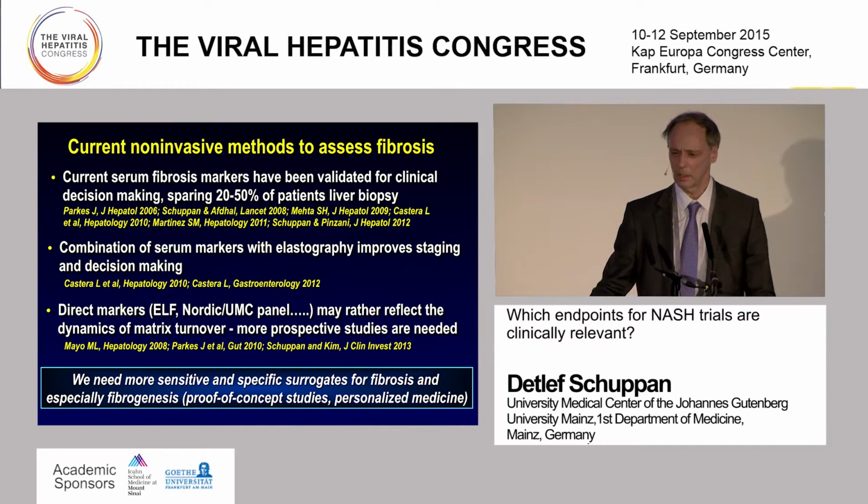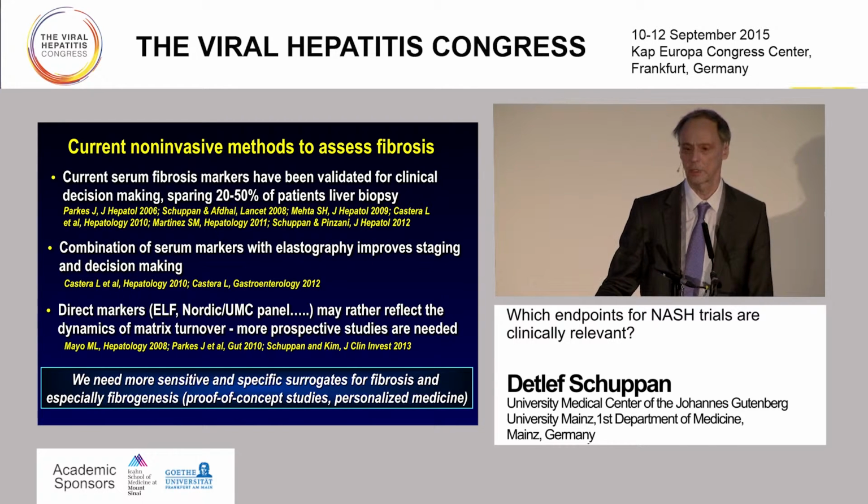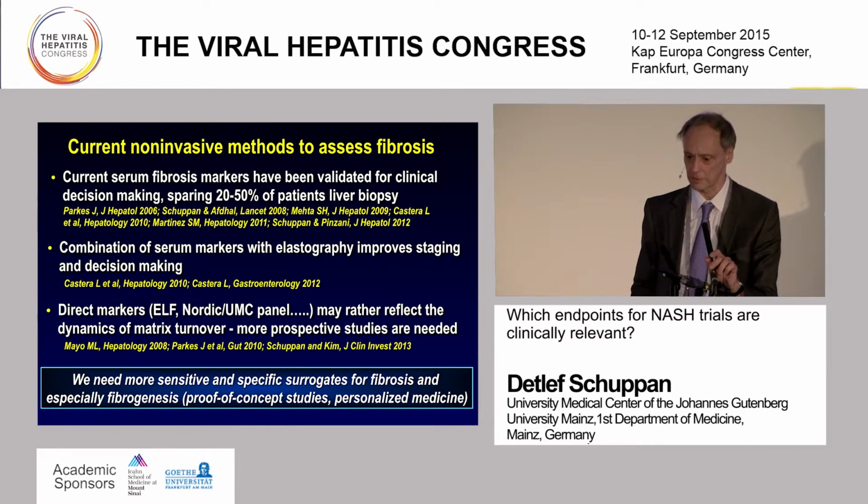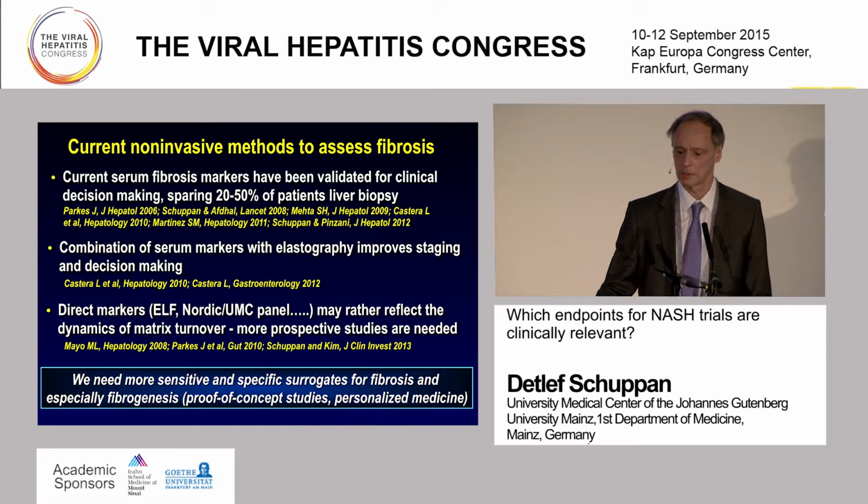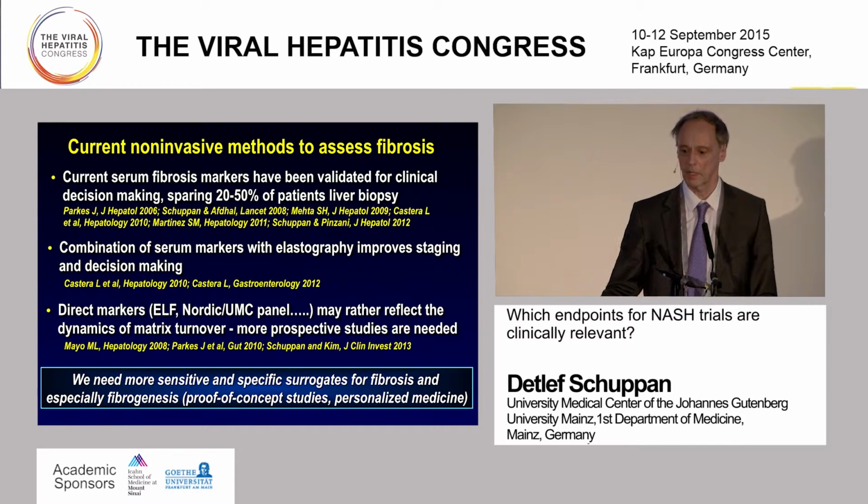However, if we combine these serum marker panels with transient elastography, at least for clinical decision-making, and this is important for stratification of NASH patients, we can definitely very significantly improve the staging and the prognostic assessment of patients in terms of progression. So there are also certain markers that are predisposed to be activity markers, and these are currently developed and evaluated.